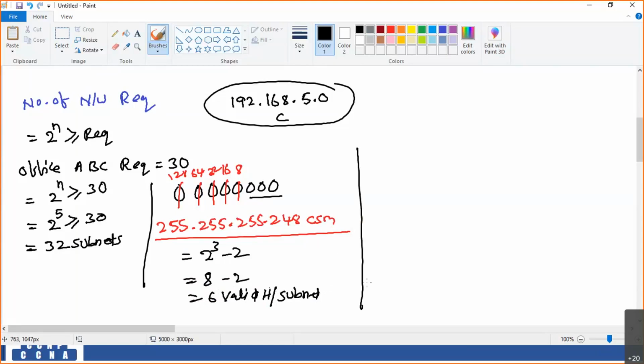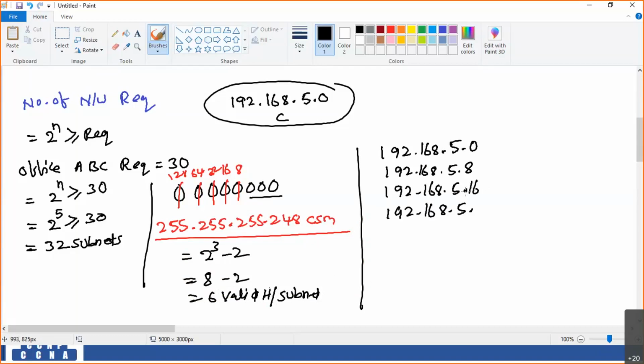Perfect. Now how do we write the ranges? What is the magic figure here? 8. 8 is the magic figure, right? So 192.168.5.8, then 192.168.5 plus 8 is 16, then 24, 32.